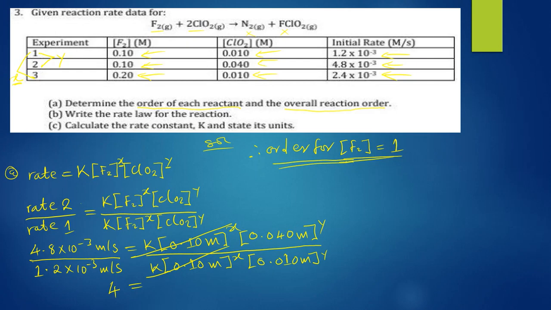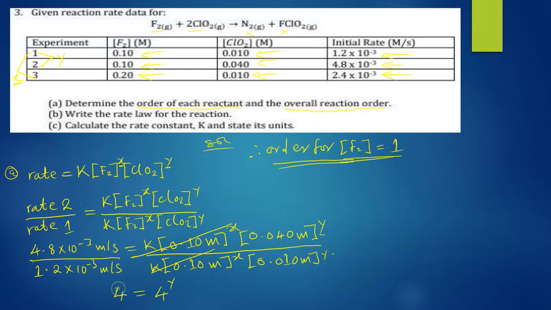And then when you divide 0.040 divided by 0.10, it's going to give us what? 4, like that. Then once you're having this 4, you must raise it to power y, like that. So let me just write it clearly here so that you can see, this side is giving us 4, also this side 4, and then you need to raise it to power y, as you can see this side.